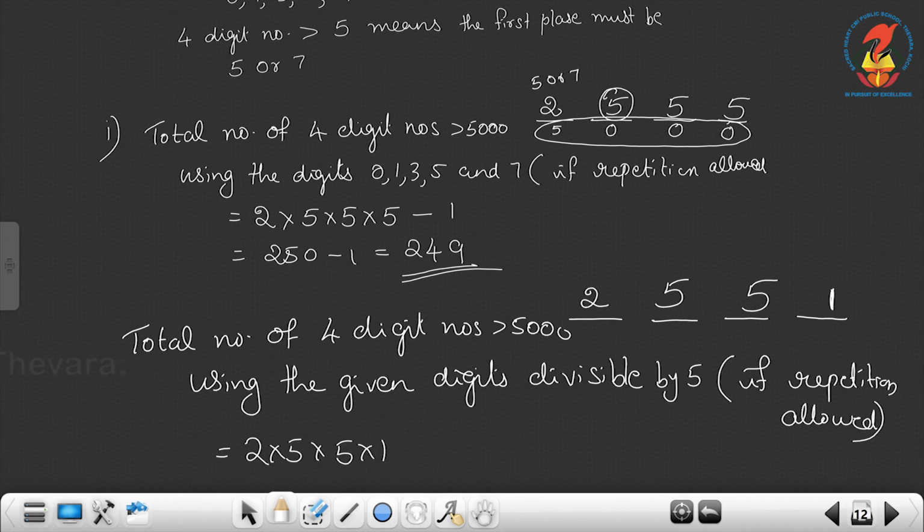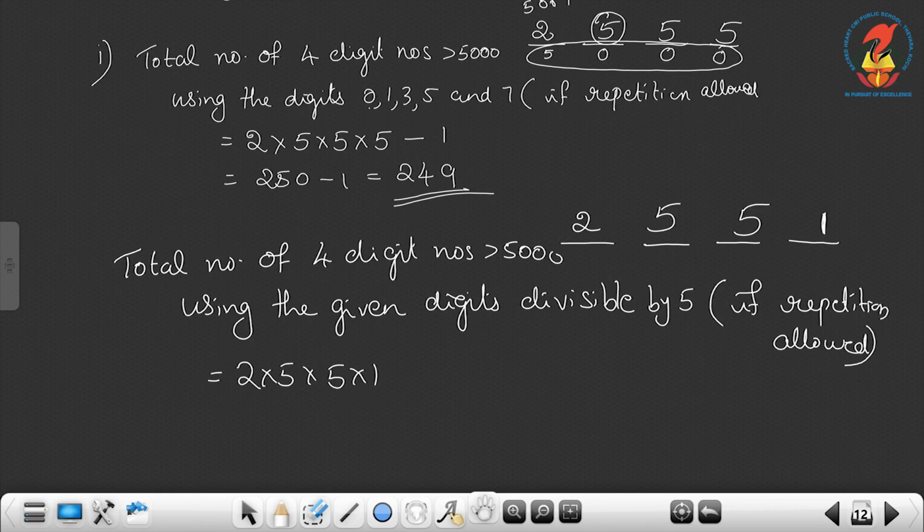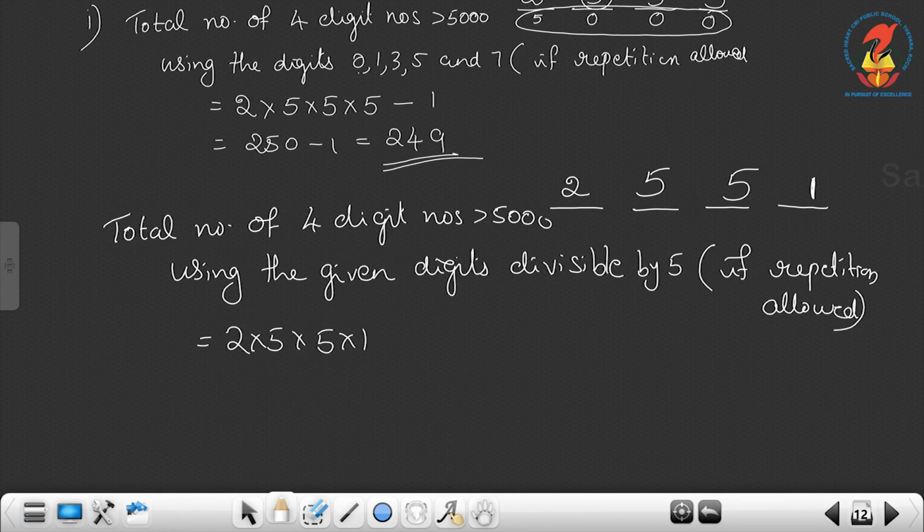But here the last place we can use 0 also. I didn't consider 0. So do the correction. The last place we can fill in 2 different ways. We can use either 0 or 5. The first place is 5 or 7.